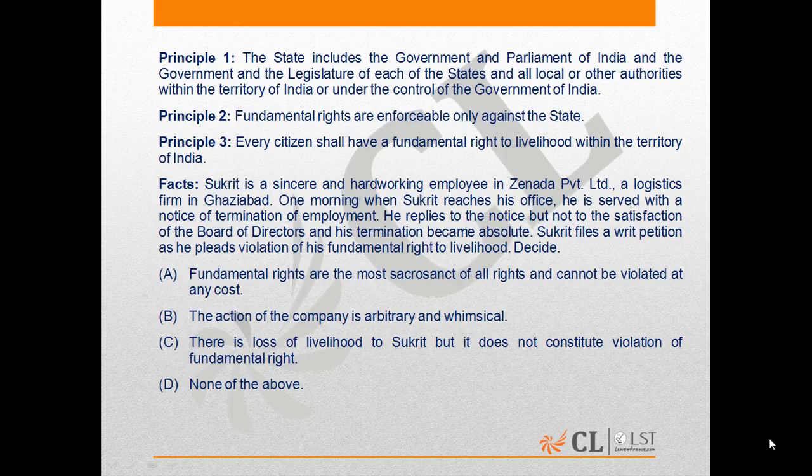This is because a fundamental right has a precondition that it is enforceable only against the state. Thus, this loss of livelihood cannot fall under the definition of a fundamental right, because a fundamental right always goes hand in hand with the state.